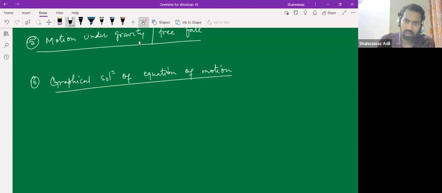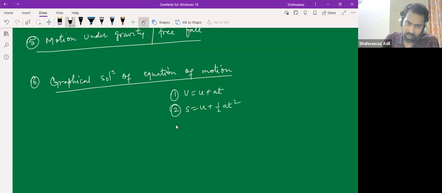Okay. So now we were talking about the graphical solution of equations of motion. So what we did was we solved the two equations. First equation we solved, and the second we also solved. Right. Now the third one we will solve. So we have to solve this.